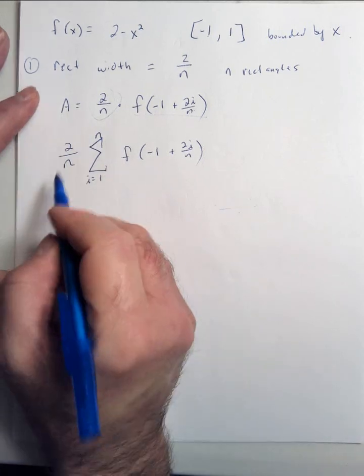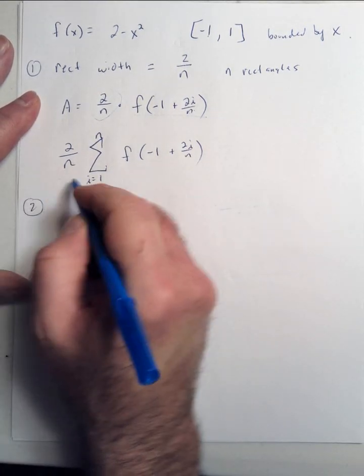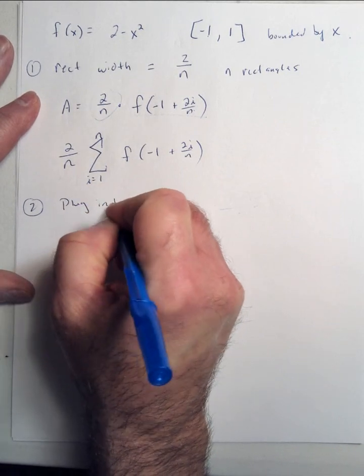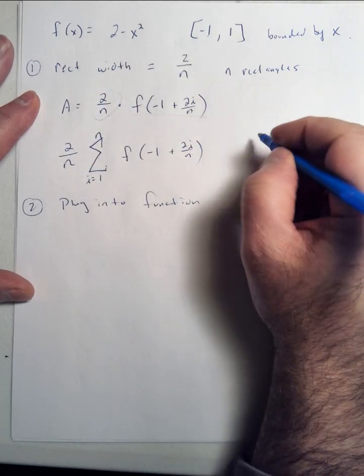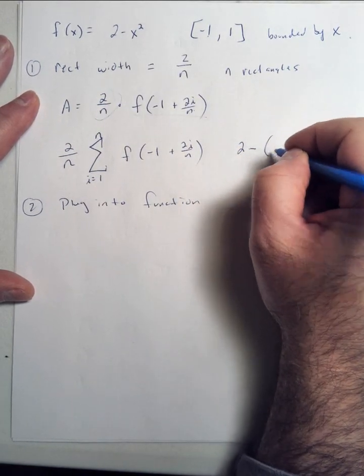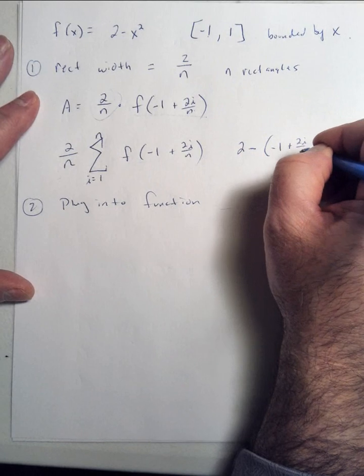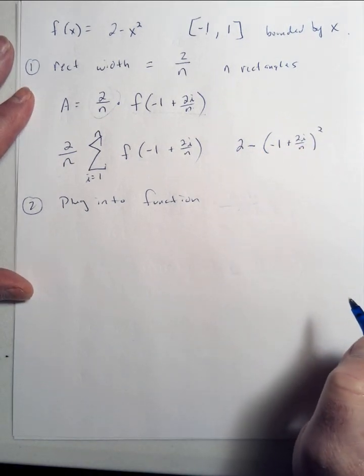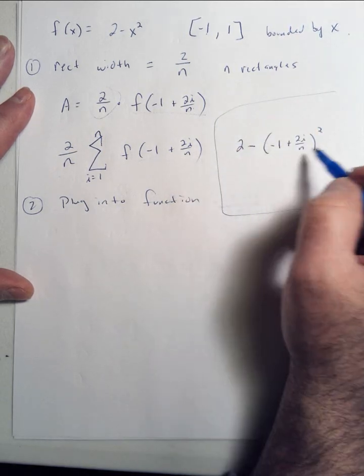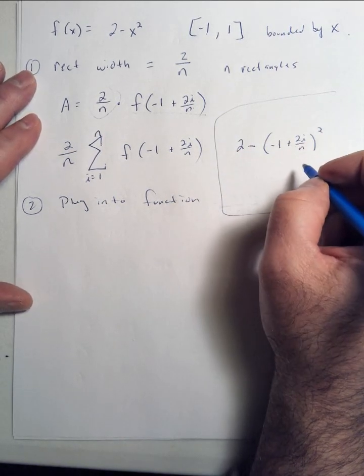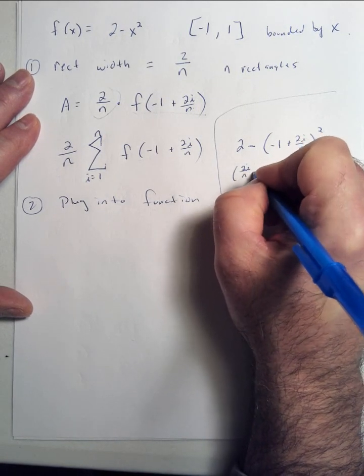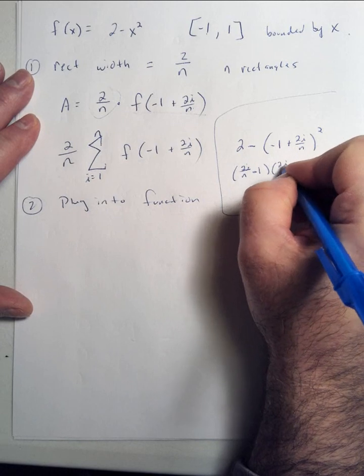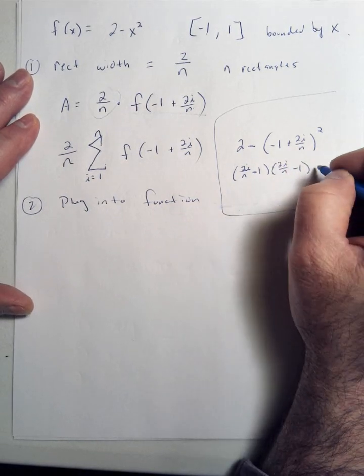So then step 2, plug into the function. So I'm going to do this. I got 2 minus (-1 plus 2i over n) squared. I'm doing this over here, and I'm going to make sure I don't screw this up again. So I'm going to have (2i over n minus 1) times (2i over n minus 1).